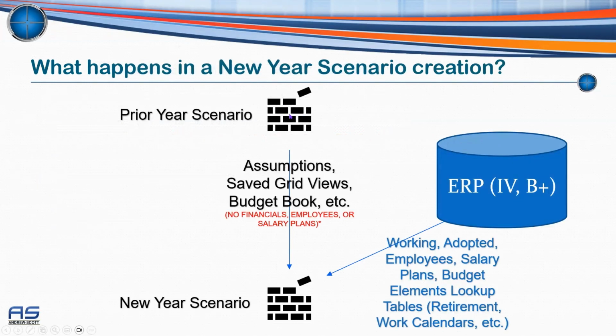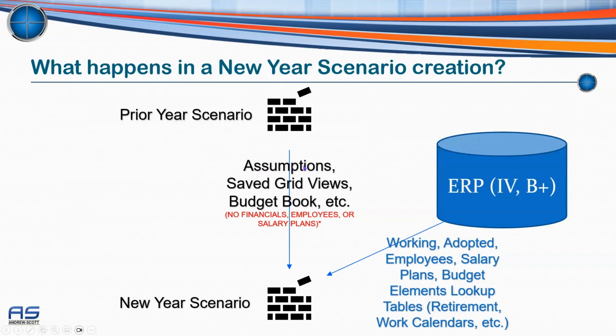This is the adopted, really. It's your current year adopted. The only thing that gets transferred into your new year scenario is your assumptions, saved grid views, and your budget book layout, which we haven't talked too much about the saved grid views or budget book yet. But mostly the important thing is the assumptions, really.